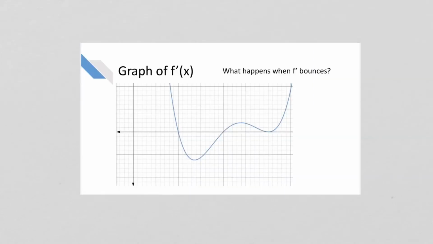So here's a graph of f prime, and it's slightly different than the ones we've looked at earlier in this lesson because it has a part where it bounces. So we can see then that we have a maximum right here because we're going from positive to negative. We have a minimum right there because f prime goes from negative to positive. But then what happens here is f prime is positive, and then it's 0, and then it is still positive, right?